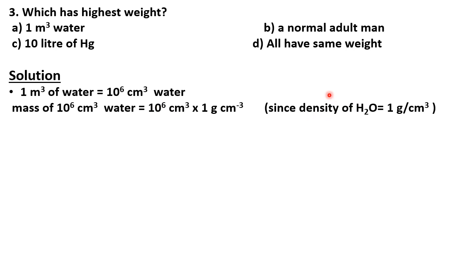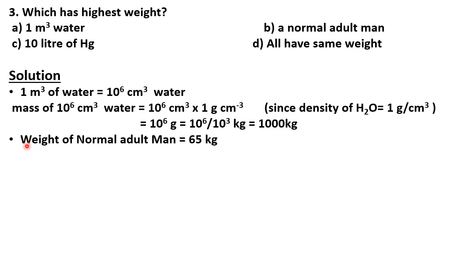The density of water is 1 gram per cm cube. If you multiply the volume and density of water, you get the mass of water. That is 10 to the power 6 gram, or when you convert into kg, it becomes 1000 kilogram.